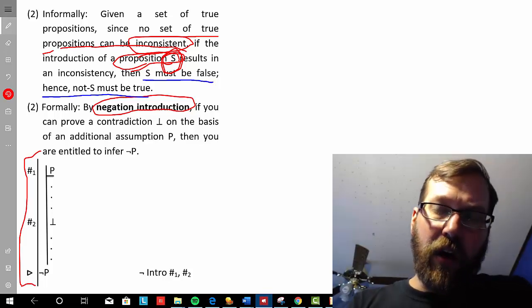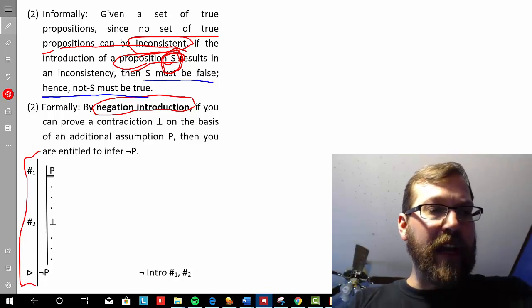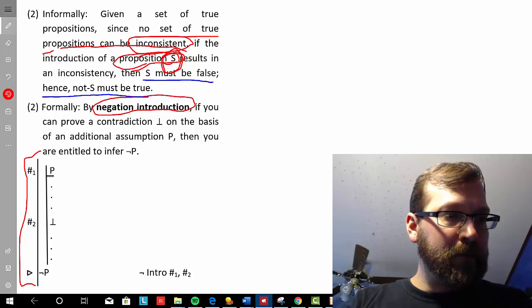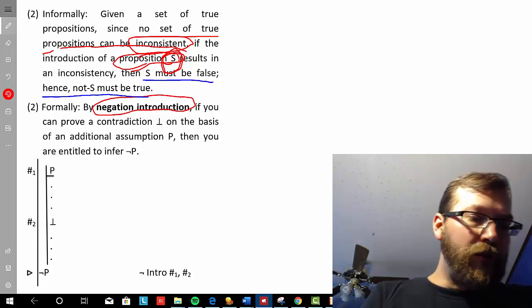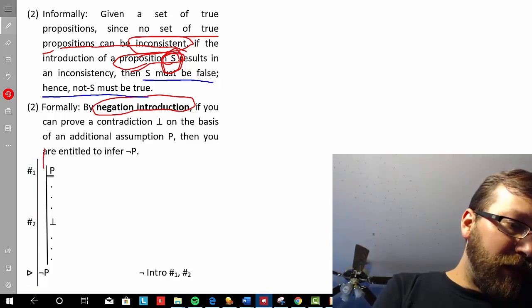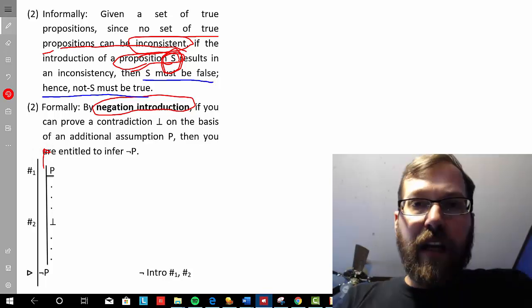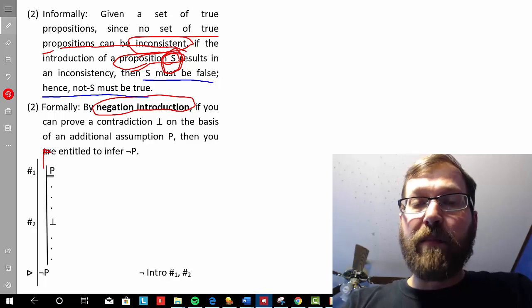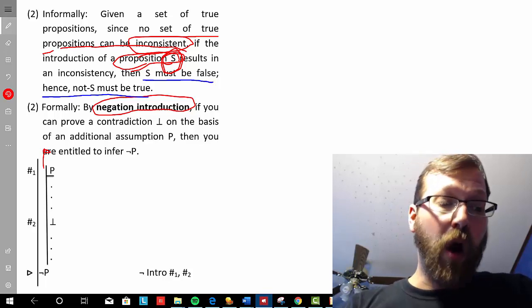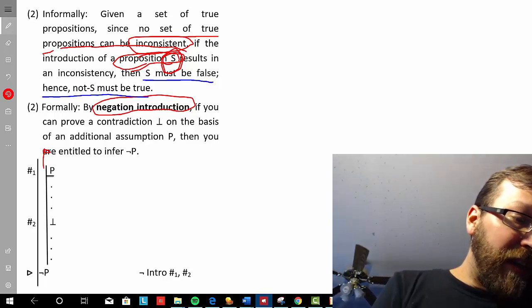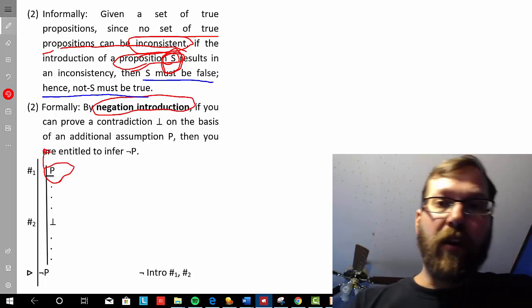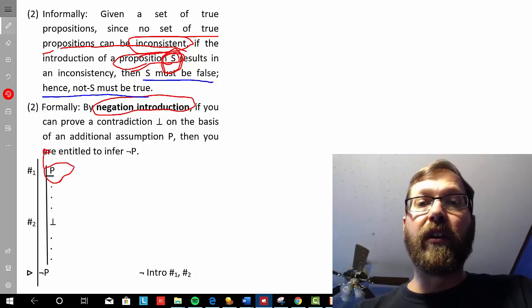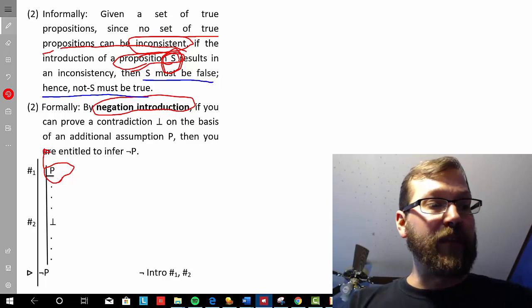All right, so that is our diagram for the rule negation introduction. You can't see it, but up here are the premises of the argument and any of the inferences made from those premises prior to our introduction of a proposition, our assumption of a proposition.